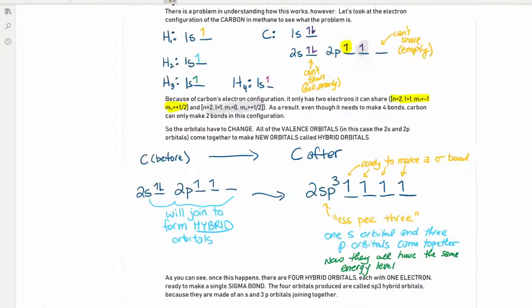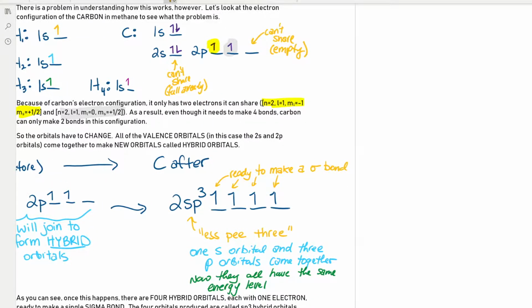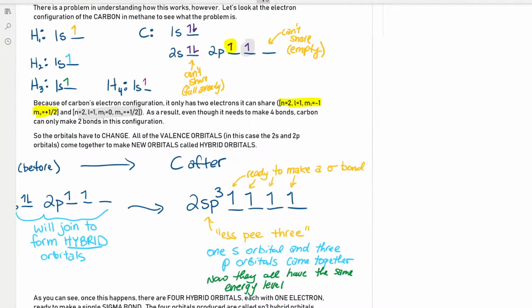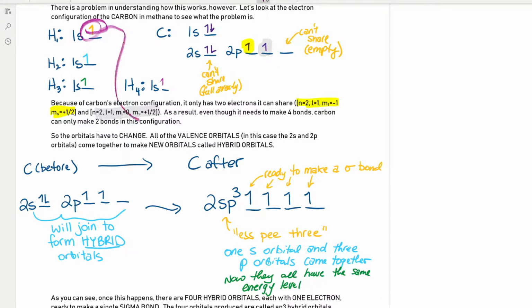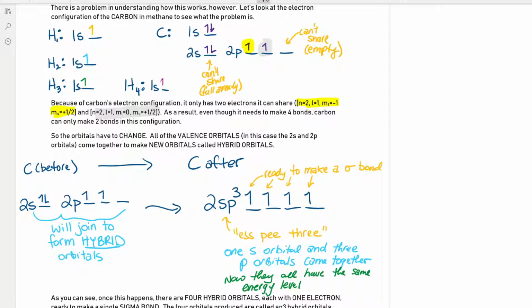And that means that if we go back and look, now this electron here, hydrogen's electron, can go there. And this electron can go there. And that electron can go there. And that electron can go there. And now we can form the 4 bonds we need to form. So by forming hybrid orbitals, the atom is able to make orbitals that are ready to make bonds.